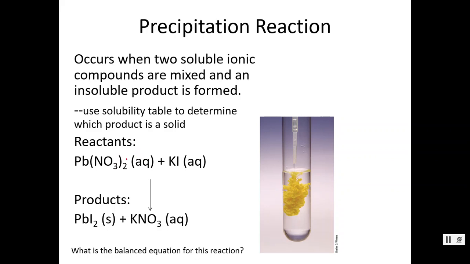Hopefully you'd say, oh, I've got two aqueous compounds that are ionic, so this is going to be a double displacement reaction where the cation of one gets paired with the anion of the other. In the previous example I showed you, I just drew arrows to show the switch, but I really like doing this little crisscross technique so you can clearly see which ion is being paired with what, and also with regards to balancing charge.